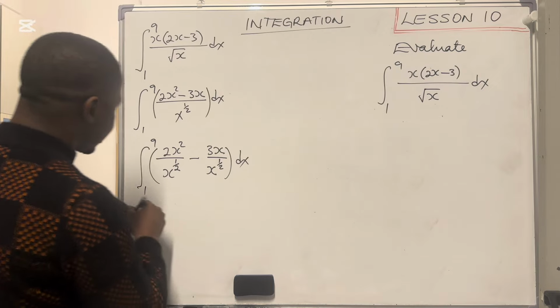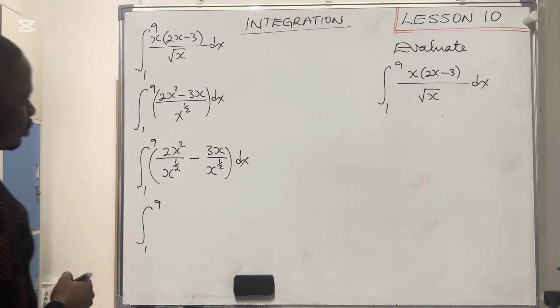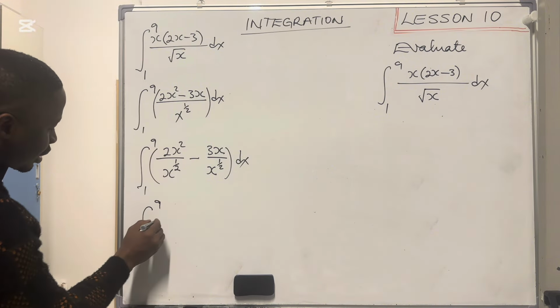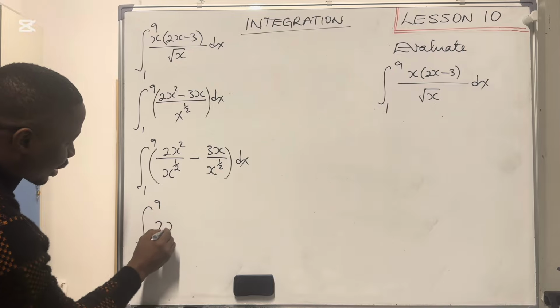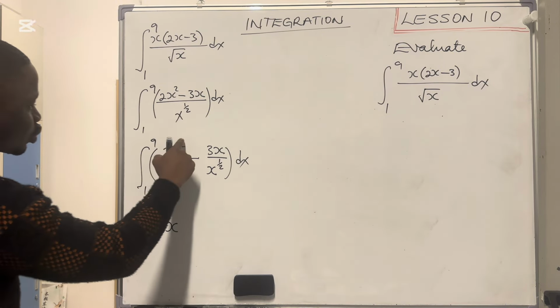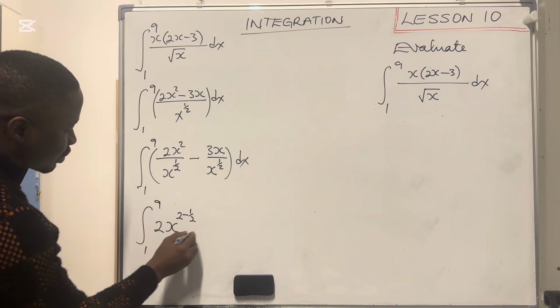So the integral from 1 to 9: here is 2, here is 1. 2 divided by 1 is 2. The base is x, the base is x. We take 1x, but because of division, we subtract the powers. So 2 minus half.